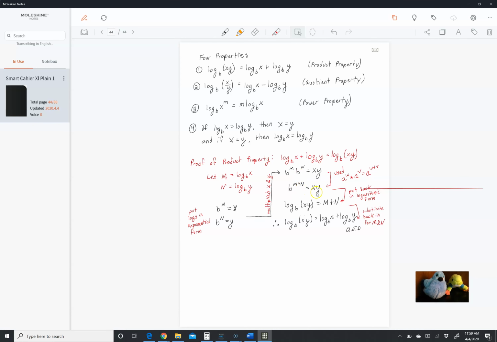So b to the m plus n equals x times y. Then we took this exponential expression and put it in logarithmic form. This was the base of the exponential, so it becomes the base of the logarithm. This was the answer, so it becomes the argument. A and A, answer, argument. This is the exponent. The purpose of the log is to solve for the exponent.